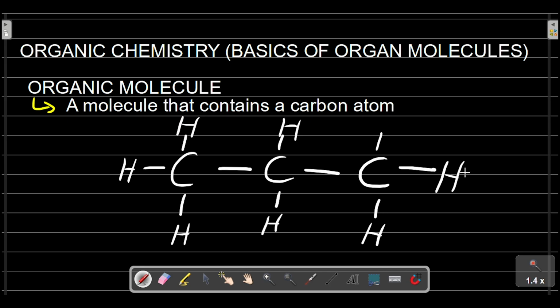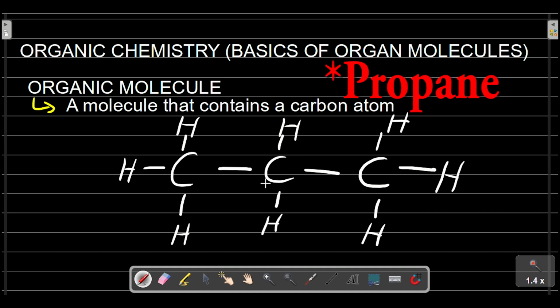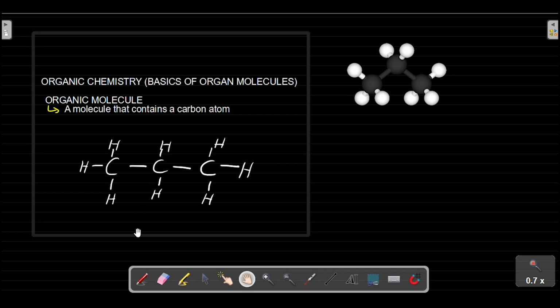So I'm going to add the hydrogen atoms onto that carbon. This molecule is called propane. Now propane has 3 carbon atoms and 1, 2, 3, 4, 5, 6, 7, 8 hydrogen atoms.